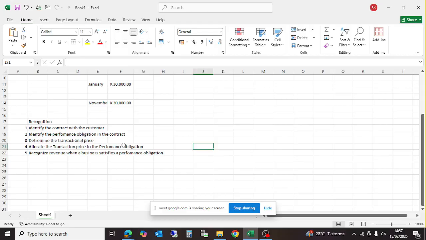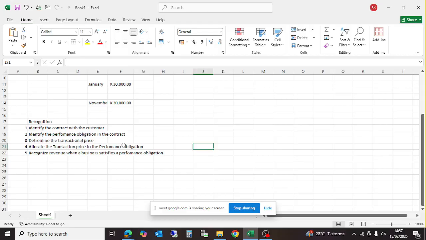Number two, we identify the performance obligation in the contract. A contract may have multiple performance obligations. It might be a product we are selling, and us giving that customer our product is our performance obligation, or it might be a service, and us providing that service is our performance obligation.